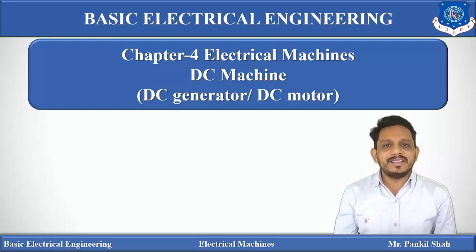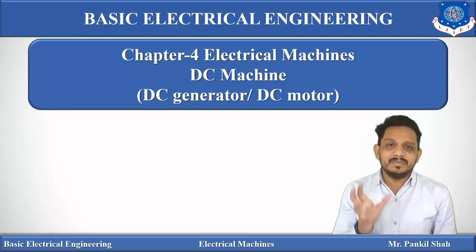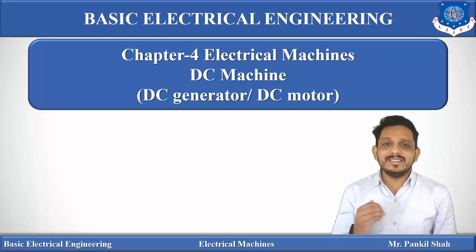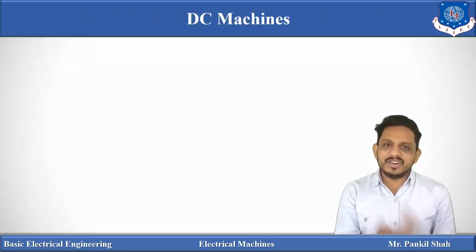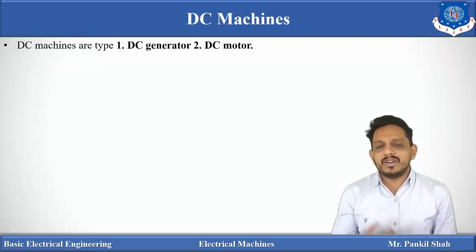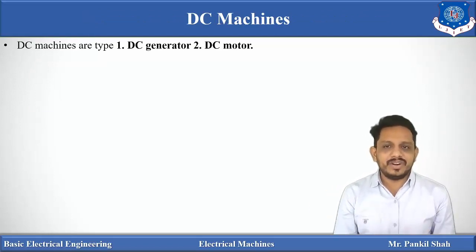It is not that the machine is working on DC, but the output of this type of machine will be DC. Machine denotes two meanings: a machine can be a motor or a generator. Let's see the difference between a motor and a generator.